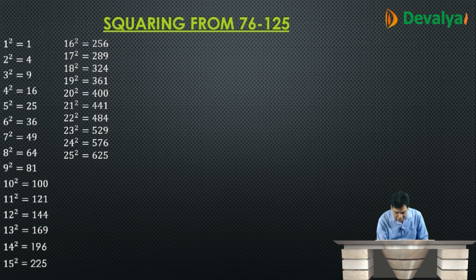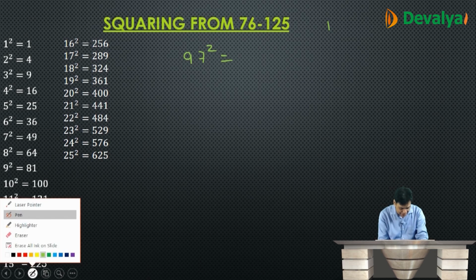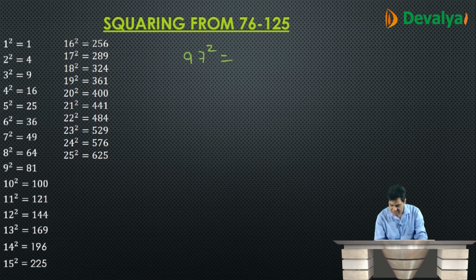So for example, if I am going to calculate the square of 97, I know I took the base as 100.